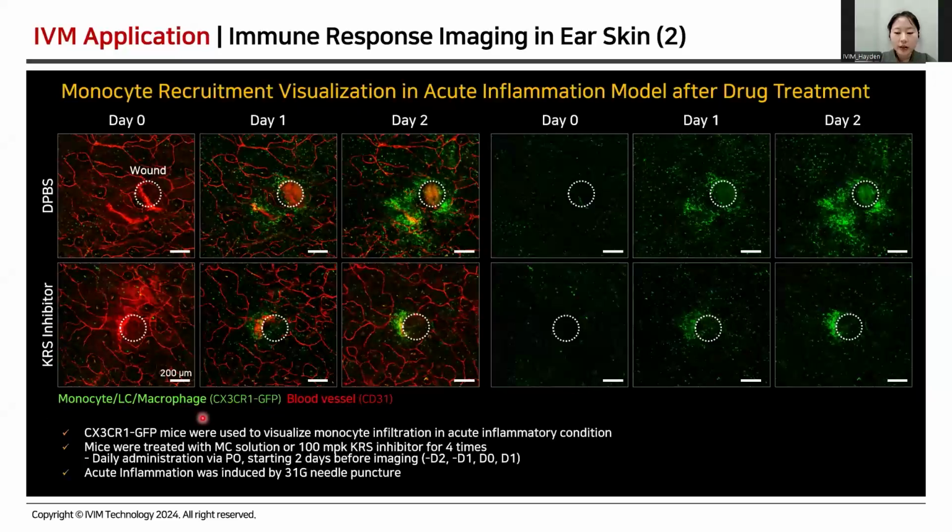Imaging immediately after the wound, as well as 1 or 2 days later, we revealed a significant reduction in immune cell recruitment around the wound site in the KRS inhibitor-treated test group compared to the DPBS-treated control group. This reduction was attributed to decreased cell-to-cell adhesion and migration in the test group.